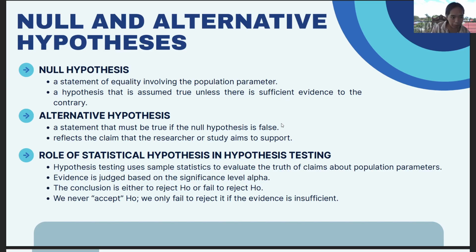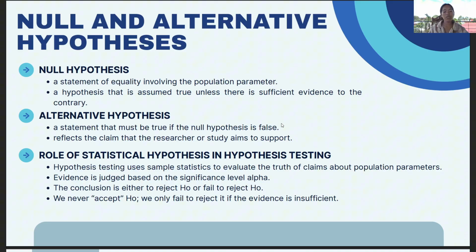Let's dig deeper into the alternative hypothesis. It is a statement that must be true if the null hypothesis is false and reflects the claim that the researcher or study aims to support. So what is the role of a statistical hypothesis and hypothesis testing? The first point is that hypothesis testing uses sample statistics to evaluate the truth of claims about population parameters.